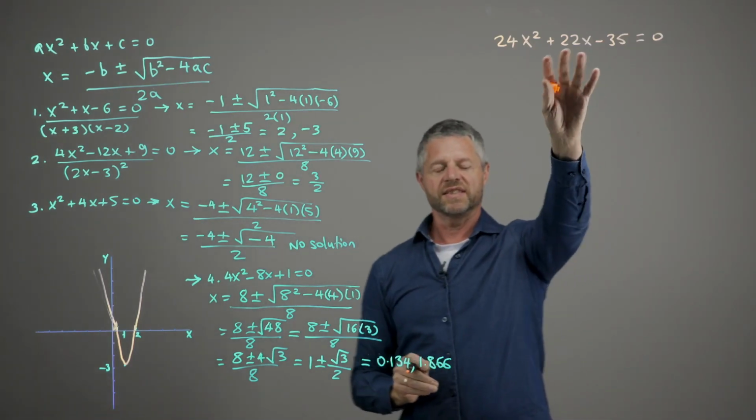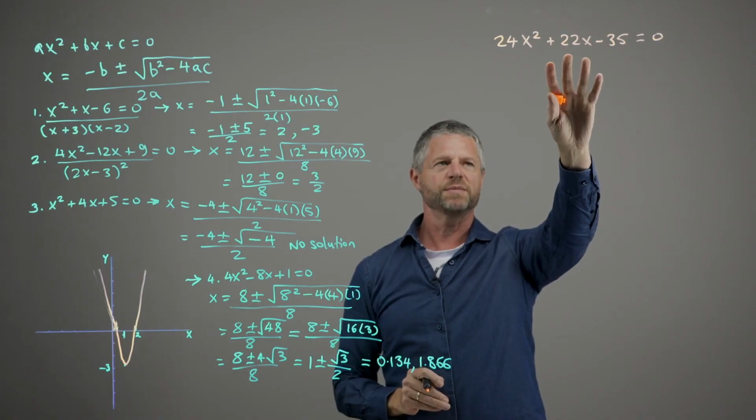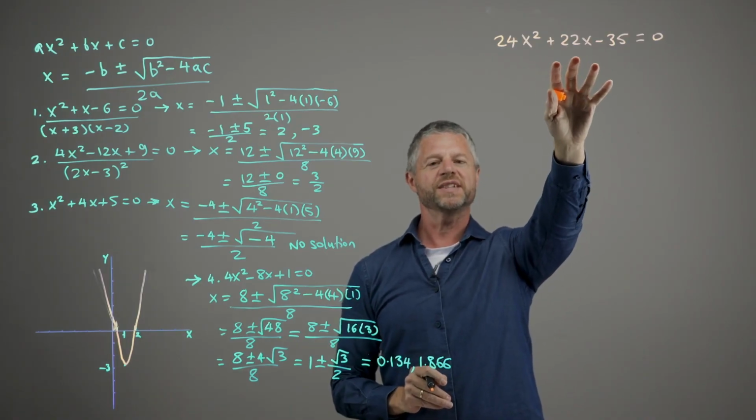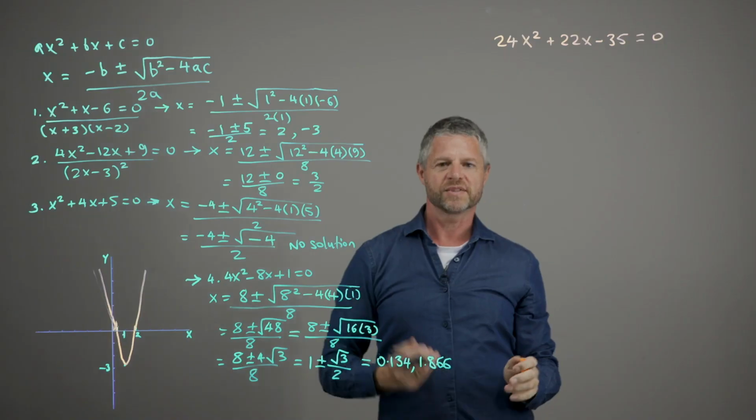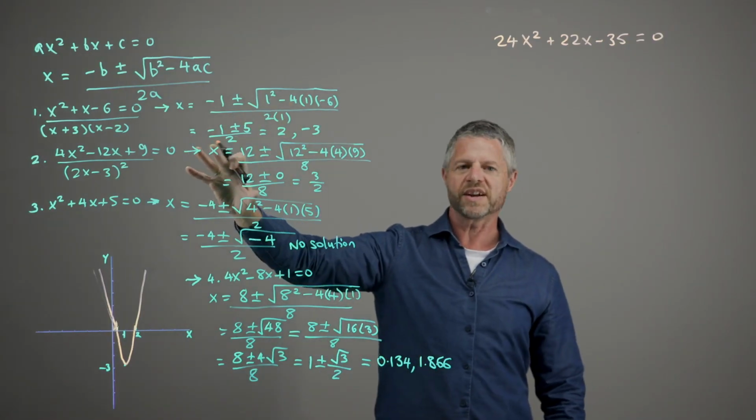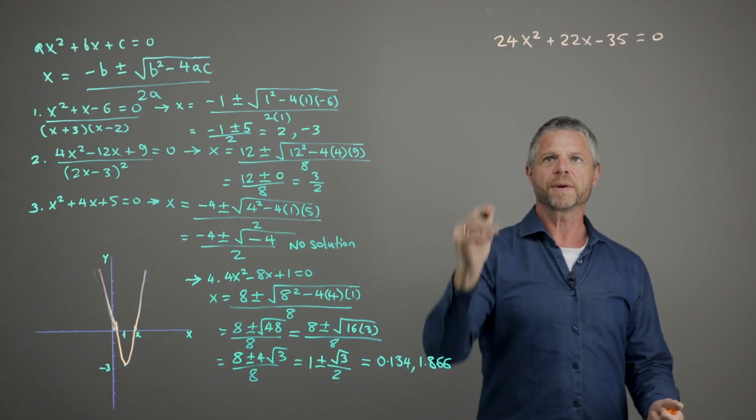So it turns out that this is possible to factor, but it's hard to imagine where to start with this. So instead we're going to use the quadratic formula and see where we end up.